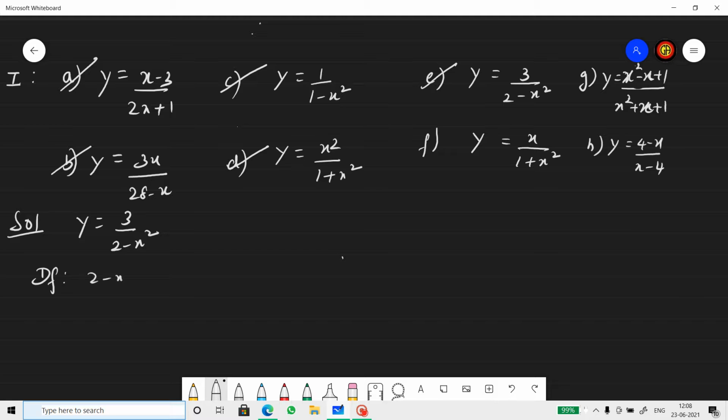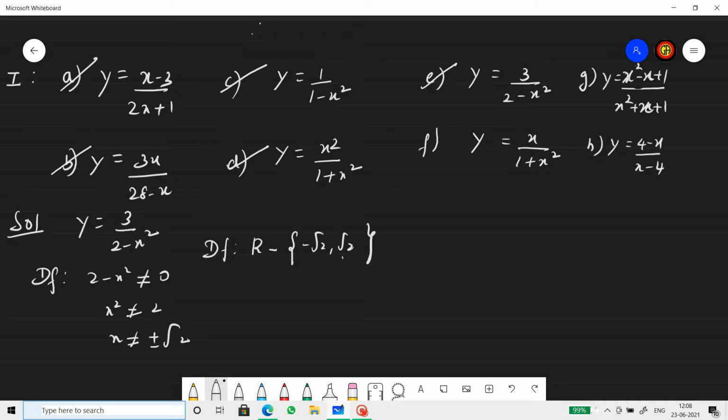So 2 minus x square not equal to 0, so x square not equal to 2. So x must not be equal to plus or minus root 2. So the domain here is all real values except root 2 and minus root 2. Got it? So that's the domain.